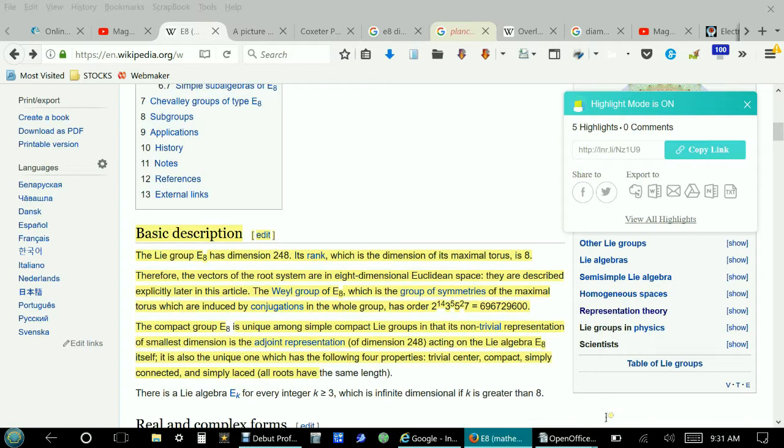Very important numbers. Its rank, which is the dimension of the maximal torus, is 8. Therefore, the vectors of the root system are in an 8-dimensional Euclidean space. What does Euclidean space mean? It means flat space. But remember, it's 8 dimensions of flat space interacting. They are described explicitly later in this article.